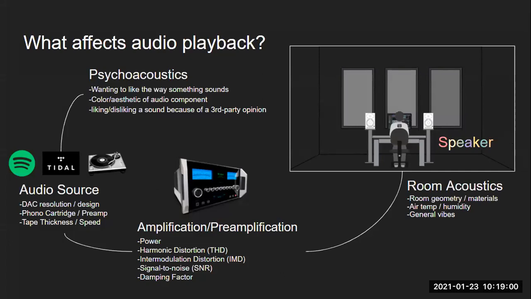So quite a few things actually affect audio playback beyond just your speakers setup. It starts as basic as your brain, your mindset. Psychoacoustics, which, like I said, we'll touch on again at the end, is more of the psychology aspect of why you enjoy music. Sometimes it's just wanting to like or dislike the way that something sounds.